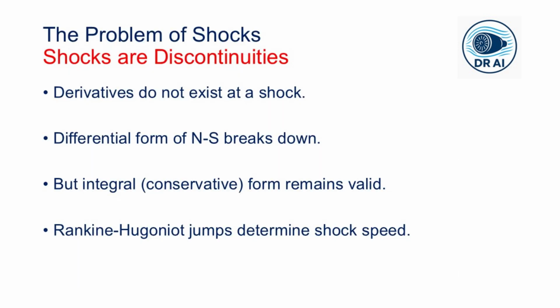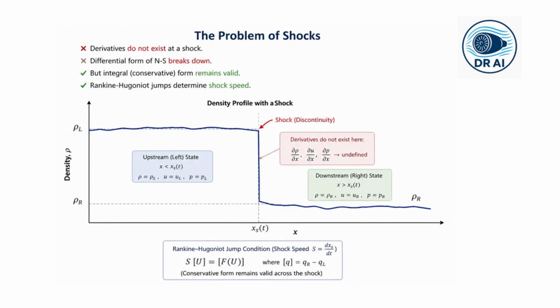So let me give you a concrete example. Suppose you simulate a simple shock tube. A tube with high pressure on the left, low pressure on the right. The conservative scheme will get the shock speed correct, while the non-conservative scheme, even with a very fine mesh, may produce a shock that moves too fast or too slow, or it may add or remove mass from the tube.